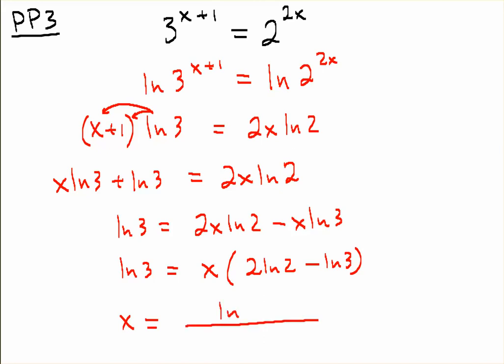So now we have ln of 3 on top, and 2 ln of 2 minus ln of 3 on the bottom. And once again, punch it in a calculator and see what you get.